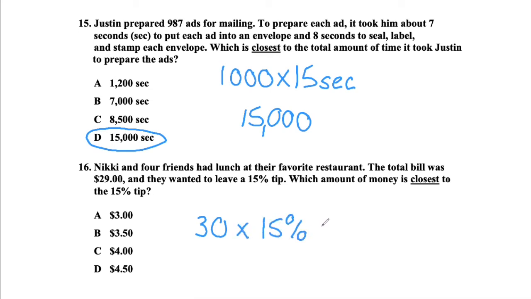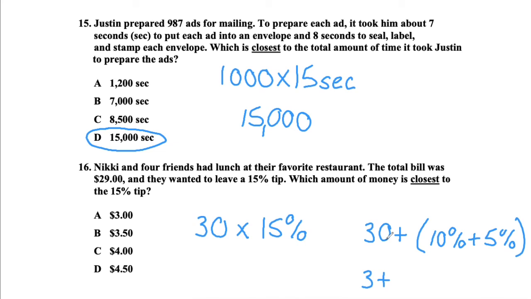The easiest way to calculate 15% would be to think about it in 2 different steps. 15% is the same as 10% plus 5%. 10% of 30 is going to be $3. 5% of 30 is going to be half of 10%.